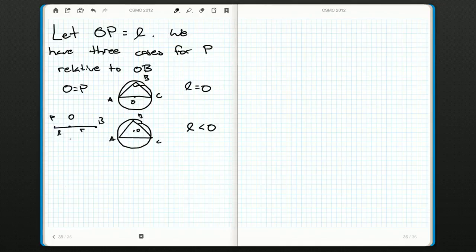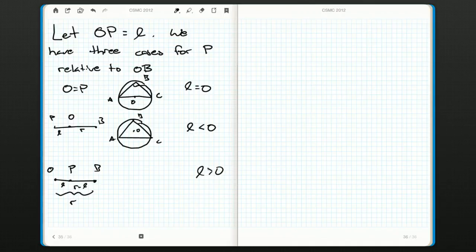Okay, so O lies in between P and B, and then we have the other case where P lies between O and B. That'll be when L is positive.